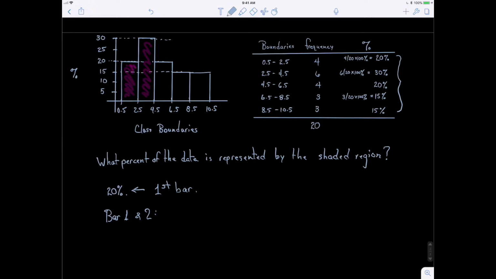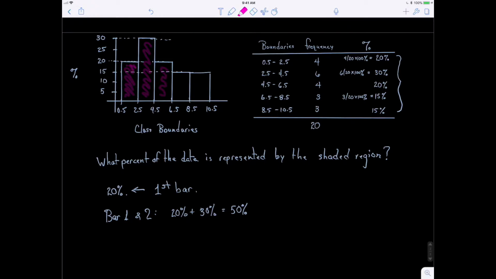Notice that the first bar is 20% of the data and the second bar represents 30% of the data. So the shaded region is now 50% of the data. Now, that might seem relatively intuitive, and that's what we're hoping for.